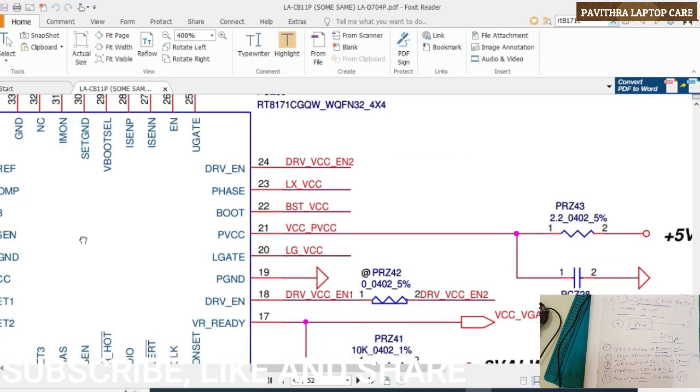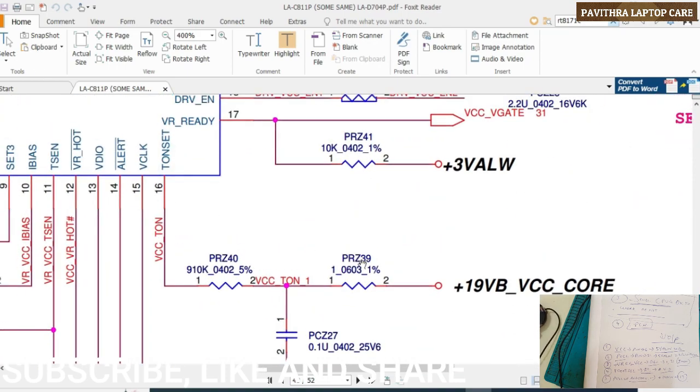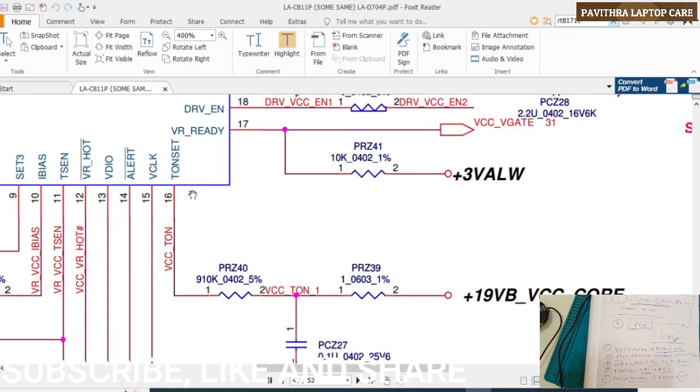Then see VCC pin number 16. This is also a very important point. 19 volts goes to the pin number 16.